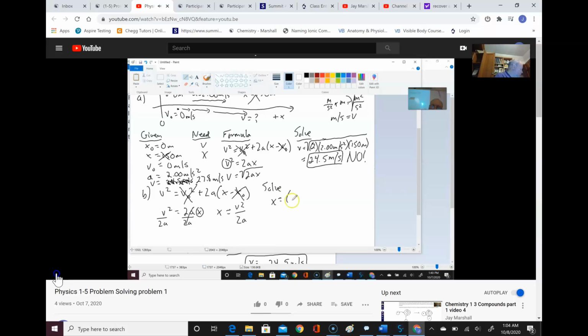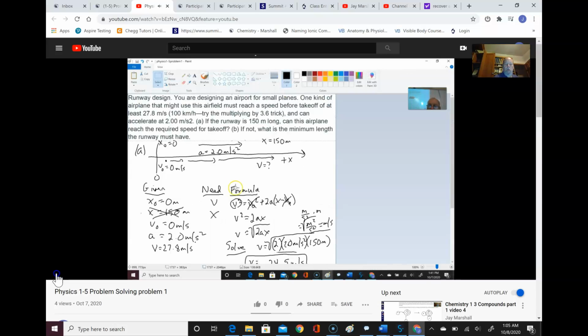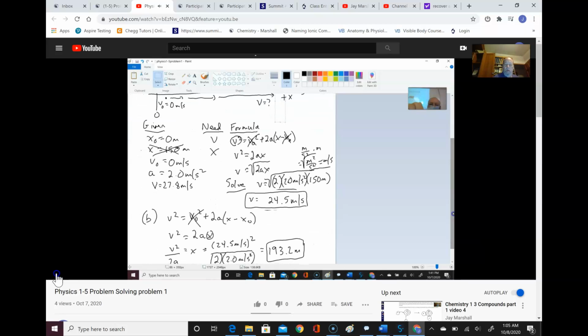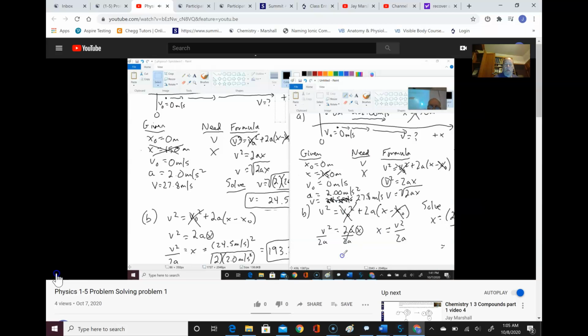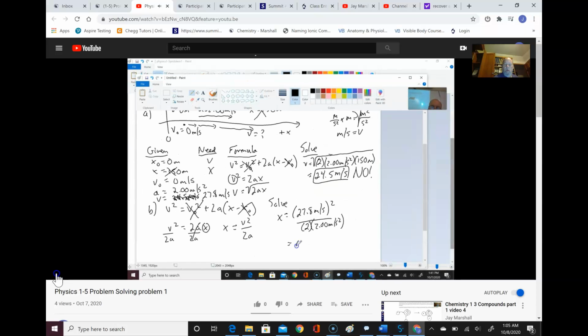X equals my velocity squared, 27.8 meters per second, over 2 times 2.00 meters per second squared, and that's going to equal 193.2 meters.